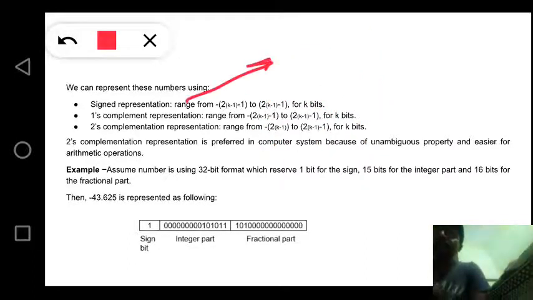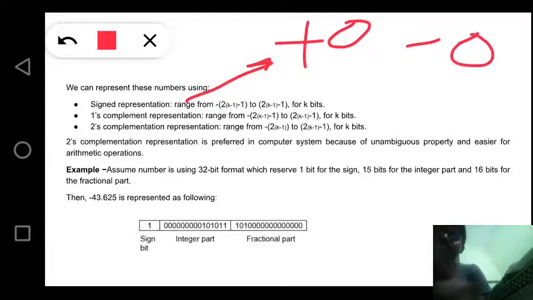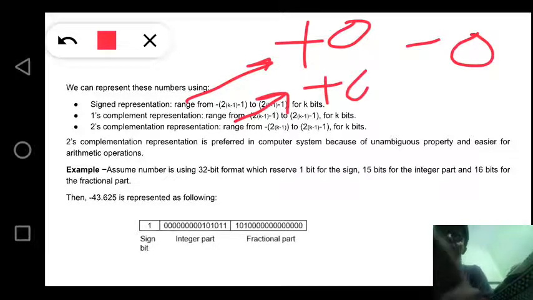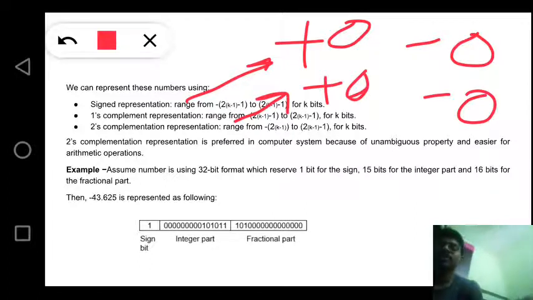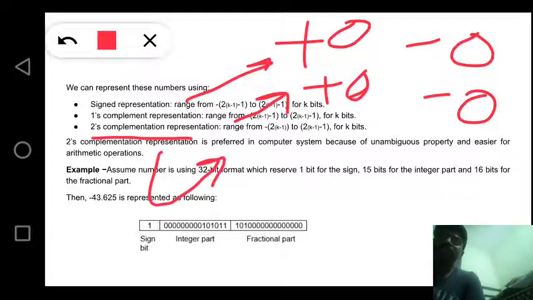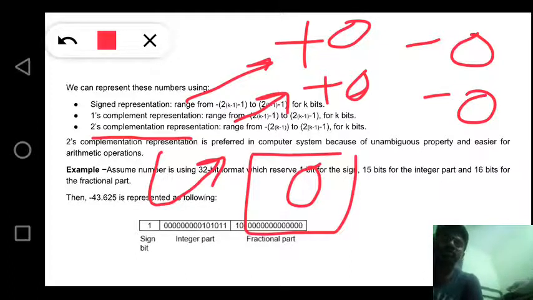I'll tell you, in signed representation you are getting plus 0, minus 0. In ones complement also you are getting plus 0 and minus 0. To overcome this problem, we have two's complement representation. And you can verify by yourself that two's complement will have only one representation for 0. That means only one way to store the 0 in computer's memory.